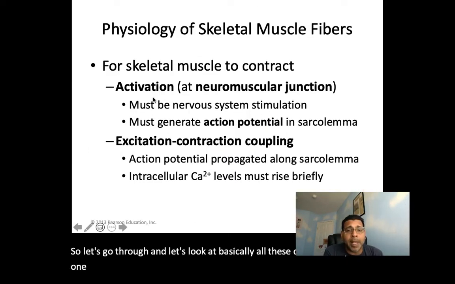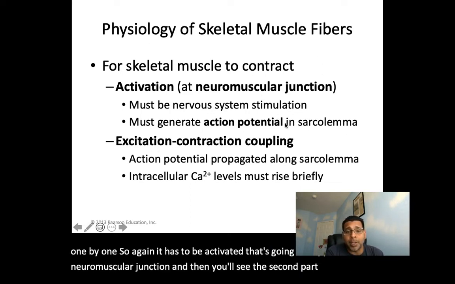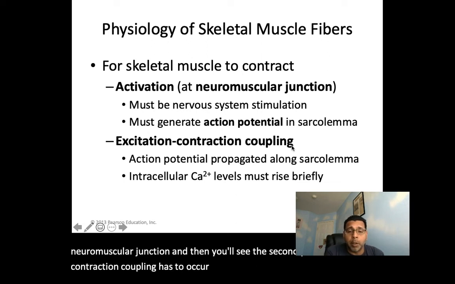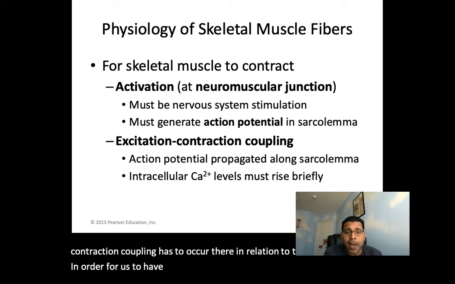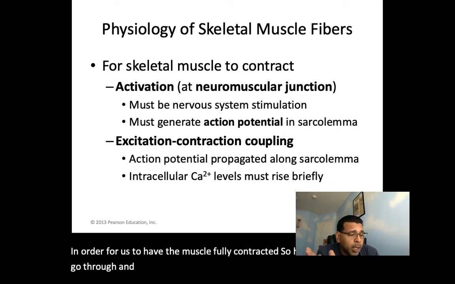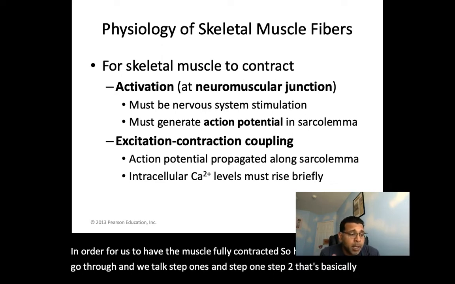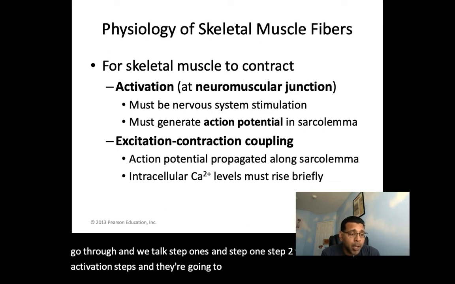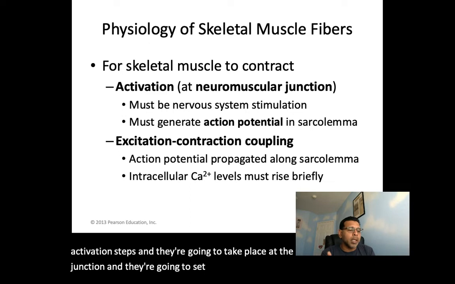So again, it has to be activated. That's going to happen at the neuromuscular junction. And then you'll see the second part is excitation-contraction coupling, which has to occur in relation to the muscle in order for us to have the muscle fully contracted. So when we talk step one and step two, those are basically the activation steps, and they're going to take place at the neuromuscular junction, and they're going to set the stage, or initiate the other events.